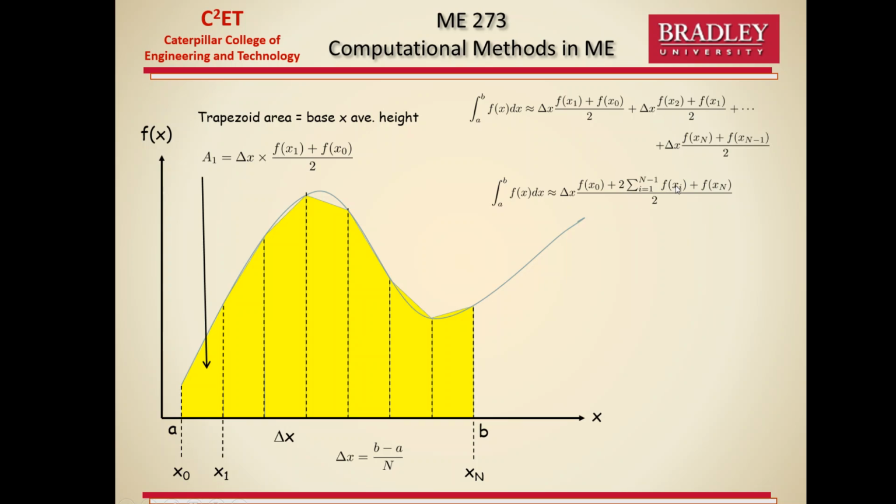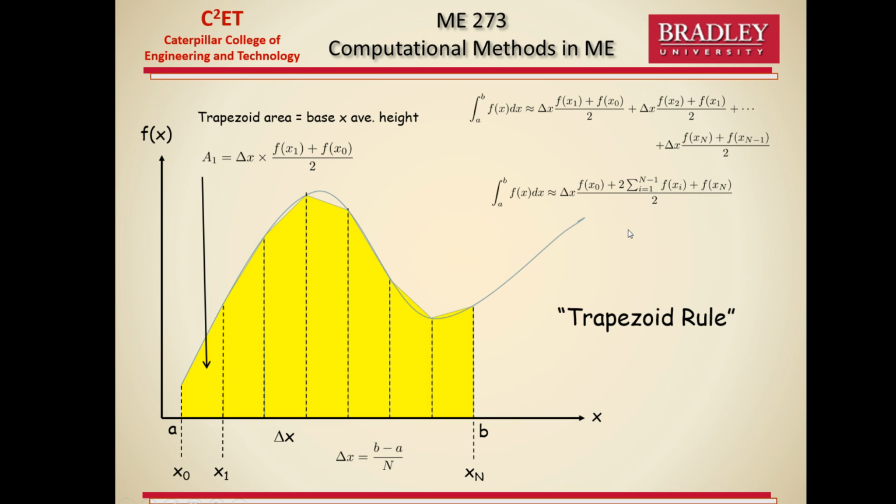The function is evaluated twice in the numerator for every internal point from x1 out to xn minus 1, so you can see the summation shows up there, with a common factor of 2. It's very easy to do if you write this out by hand with a little algebra. You can convince yourself that this is the right economic expression for this larger expression where we've added up directly all the areas of the trapezoids.